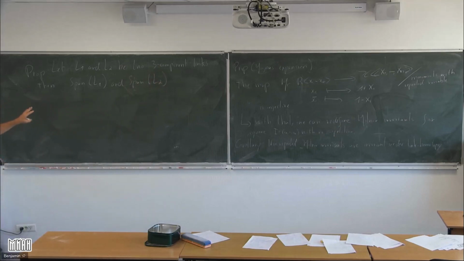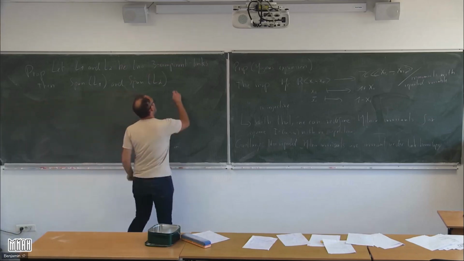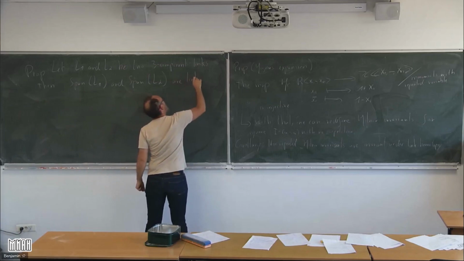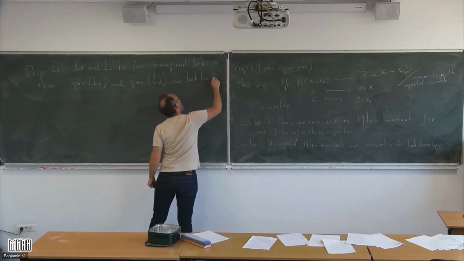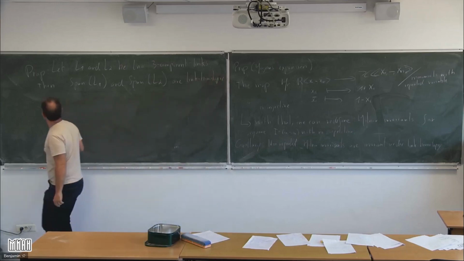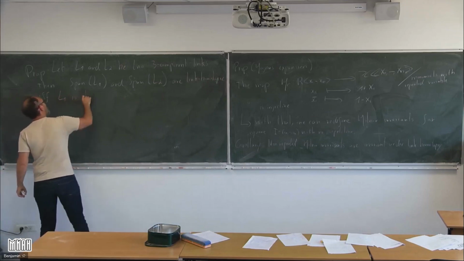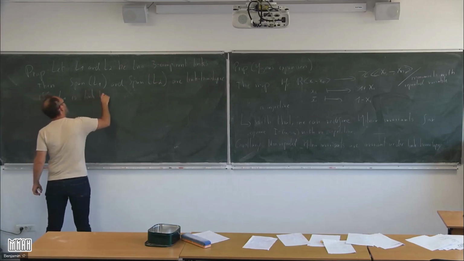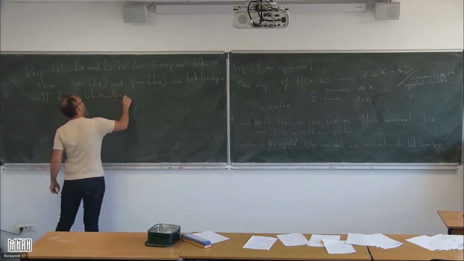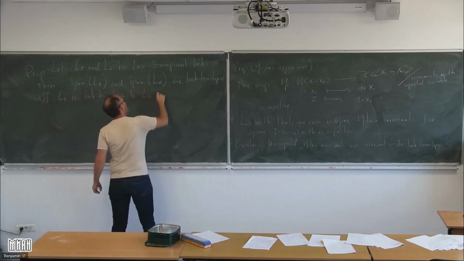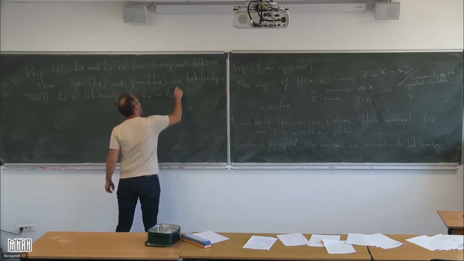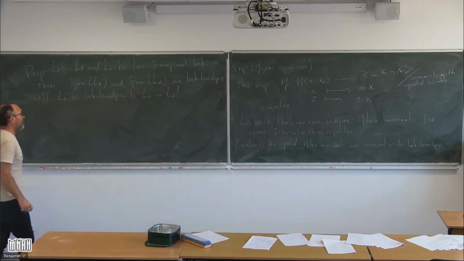So here you have two knotted surfaces, which are both made of three tori embedded in S4. And I say that these two knotted surfaces are link homotopic if and only if L1 is link homotopic to L2, or the mirror image of L2.